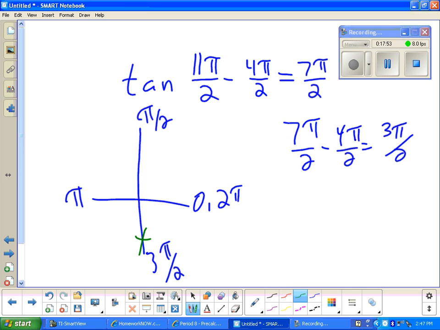What are my x and y coordinates? Now this you've got to have memorized, so let me tell you about them, where you end up. This is, I'm sorry, it'd be helpful if I gave you the right numbers. That's 1, 0. This is the coordinate 0, 1. This is the coordinate negative 1, 0.